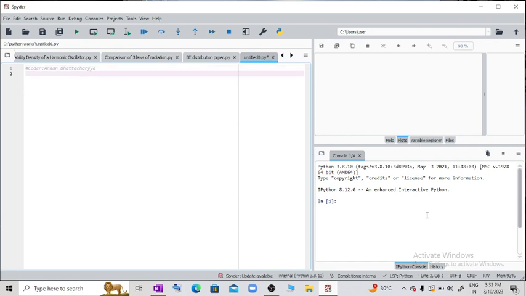So the name of the problem is the shooting method. Let us call our modules: import numpy as np.